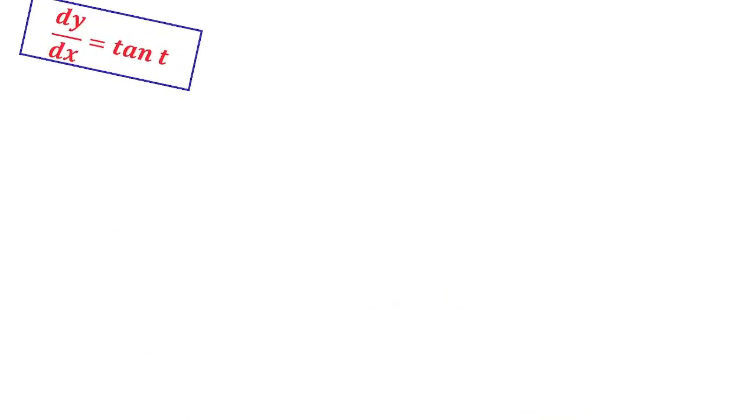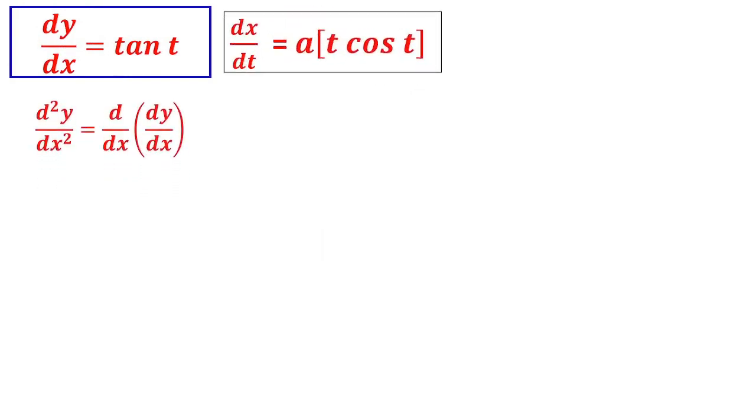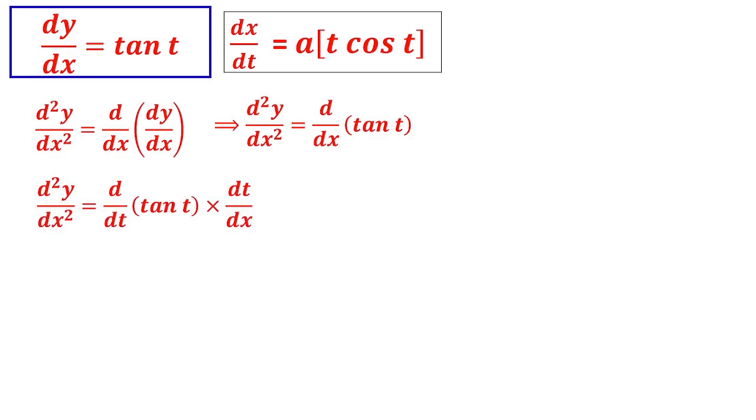But remember, in this problem they want the second derivative. What is the second derivative? d by dx of the first derivative. But I am not able to differentiate this tan t with respect to x. Therefore, the formula is: differentiate it with respect to t, multiply by dt by dx. What is dt by dx?